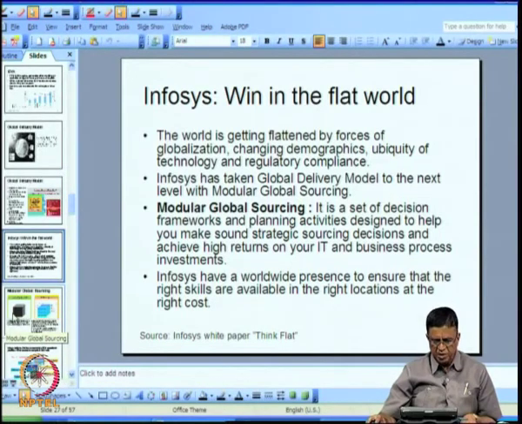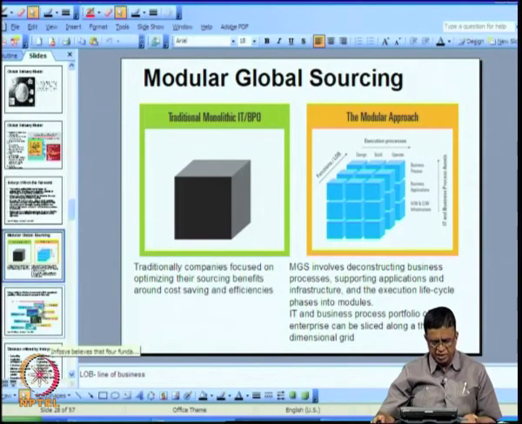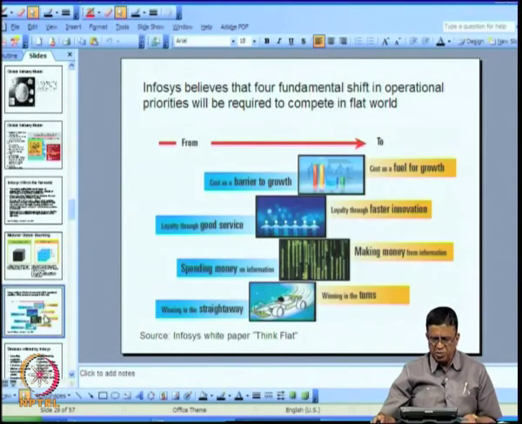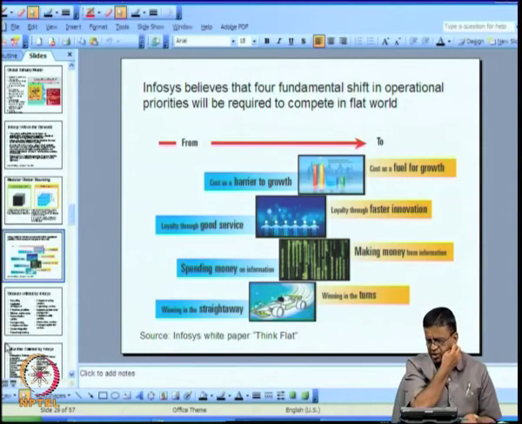Then some indicators on modular global outsourcing with respect to traditional monolithic IT, then the modular approach given by this slide, then what is the fundamental shift required in a flat world. If you really see, cost as a fuel for growth, loyalty through fostering innovation, then making money from information, then winning in the turns.